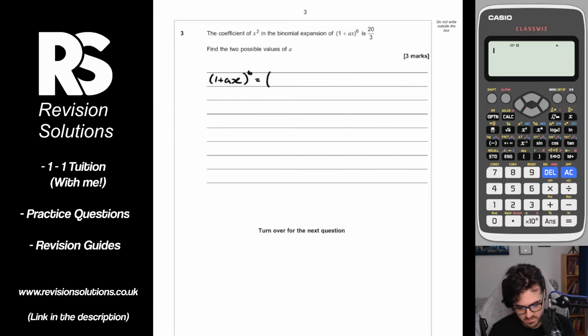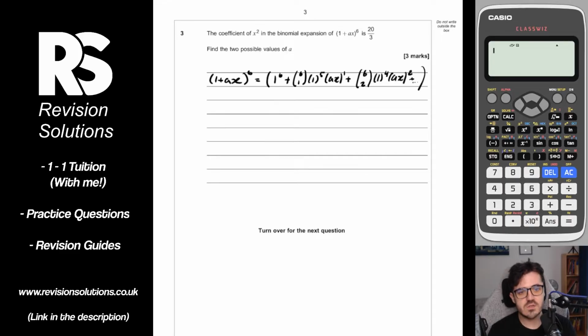Using our formula, that would be 1 to the 6 plus 6 choose 1, 1 to the 5 times ax to the 1, plus the term we're actually interested in, so 6 choose 2, 1 to the 4, and then (ax) all squared. And that would go on, but we'll stop there because I'm only interested in that quadratic term.